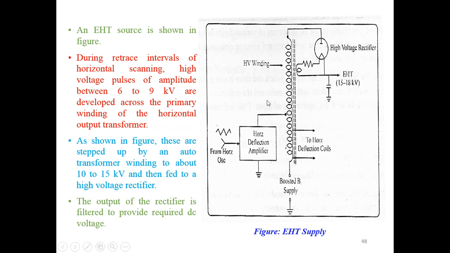During retrace intervals of the horizontal scanning, high voltage pulses of amplitude 6 to 9 kilovolts are developed across the primary winding of the horizontal output transformer. Here, these are stepped up by autotransformer windings to about 10 to 15 kV and then fed to a high voltage rectifier. The output of the rectifier is filtered to provide DC voltage that is going towards the picture tube.